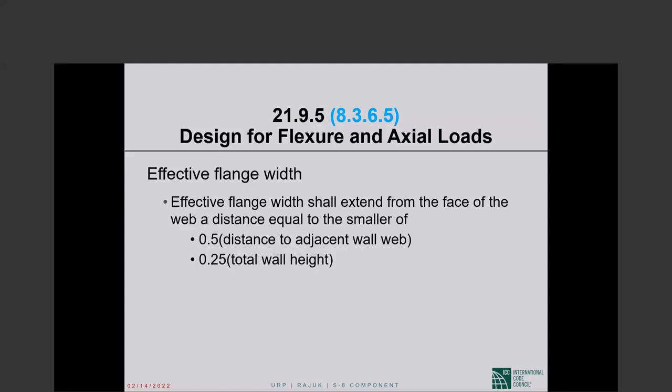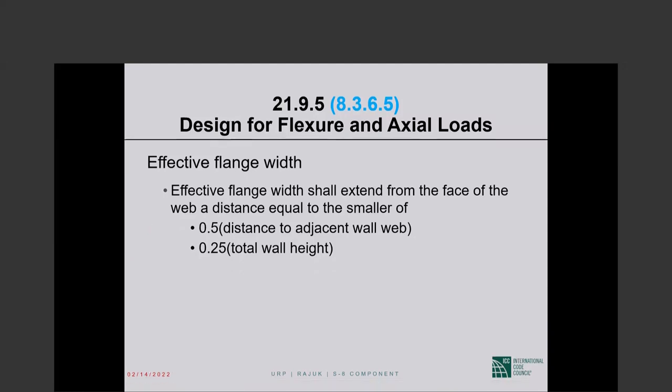So this effective flange width is so generous that we typically do not discount anything. If you have a physical flange, all of it is considered effective flange. That's what it amounts to. But this is the regulation in ACI 318.